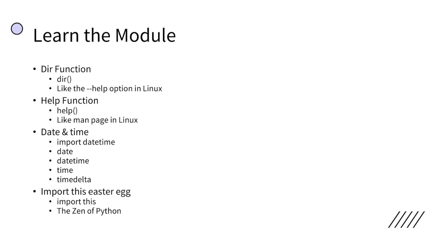A very easy one to get started with is the datetime module. That comes natively with a Python 3 installation, so all you have to do is import it with the import datetime statement. And it can provide you things like date, datetime, timedelta. Those are just some of the different options. I use this one commonly when I'm doing network backups.